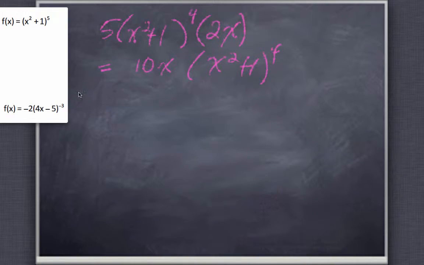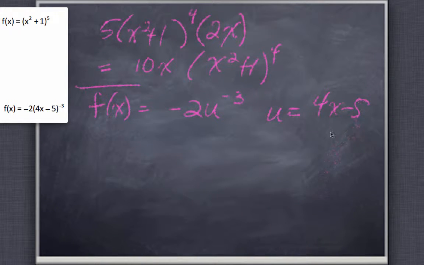And then the other way to think about it, if you want, is in this case, f of x is minus 2 times somebody to the negative 3. So the somebody's always the chocolate. So you let u be the chocolate, and then you rewrite this in terms of u. So then I'll call this y. So dy du is now easy, because this is just a little monomial. Negative 3 times negative 2 is 6, u to the minus 3 minus 1 is minus 4.